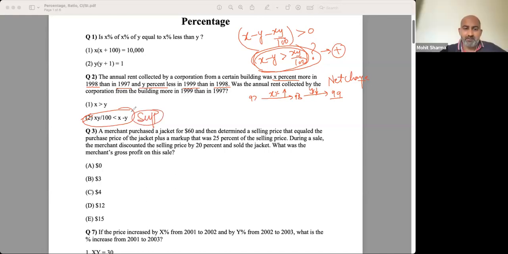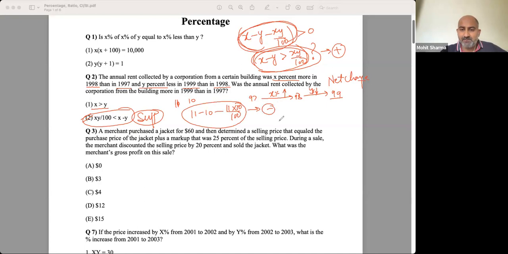The first option, how do I negate it? First option, X is greater than Y, but what we need is whether this thing would be positive or negative. For example, X is 11, Y is 10, let's say. This thing would be negative ultimately.